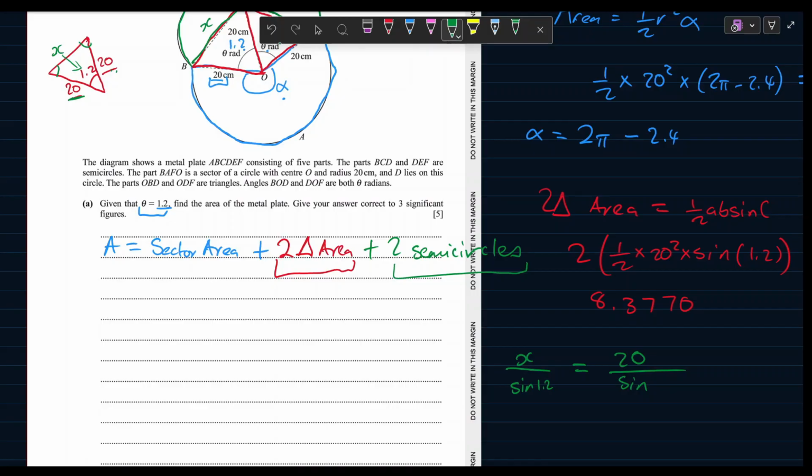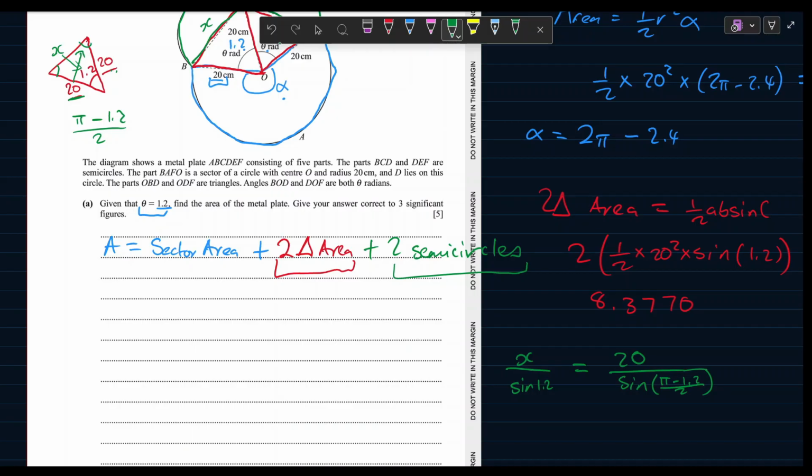So if I want to know what this opposite angle to 20 is, I simply have to say pi minus our 1.2 divided by 2. This is going to be our angle. So we can use it as an exact value like this, or you could simplify it. I think just for accuracy's sake, we can just leave it as an exact value. Pi minus 1.2 over 2.